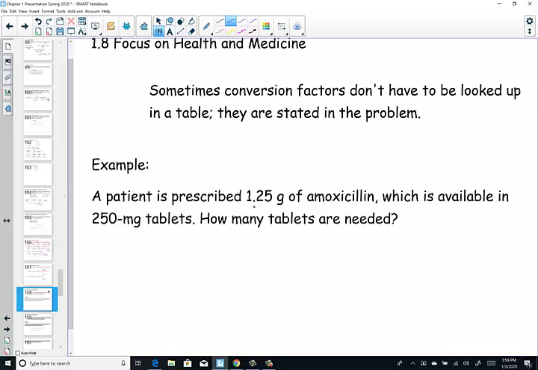So notice that we have 1.25 grams is our given quantity that this patient needs. But my conversion here is that in every one tablet, there are 250 milligrams of the active ingredient amoxicillin.